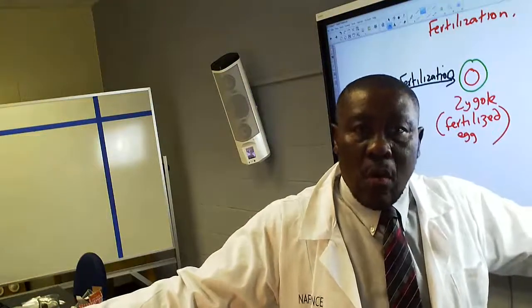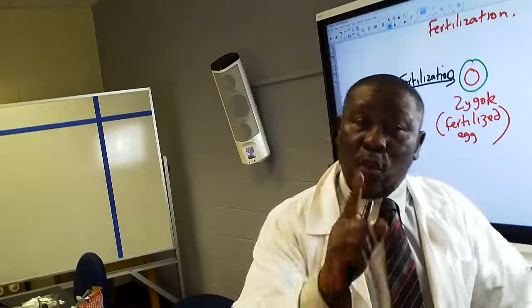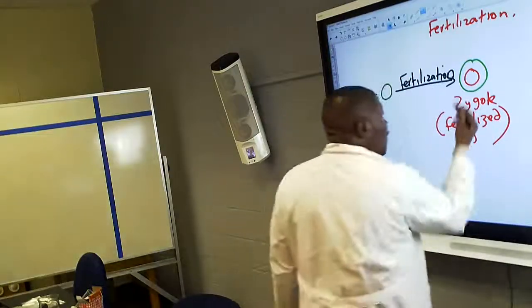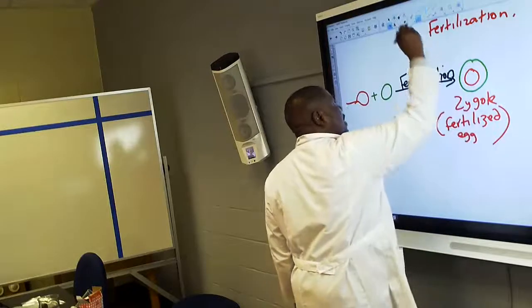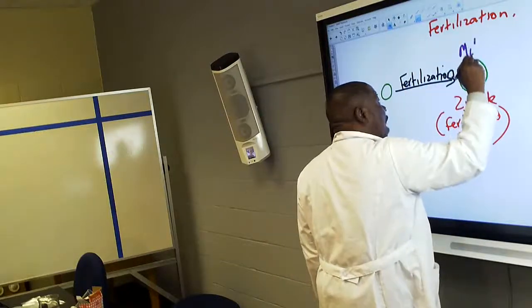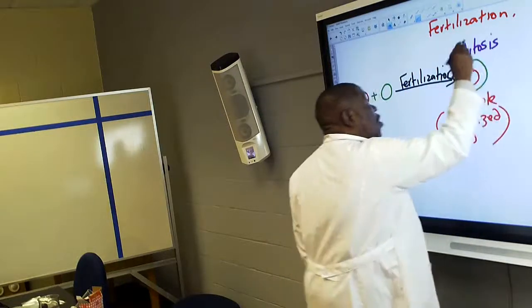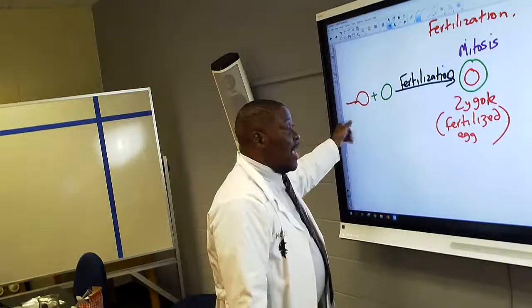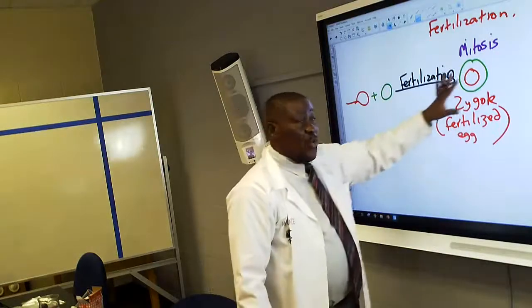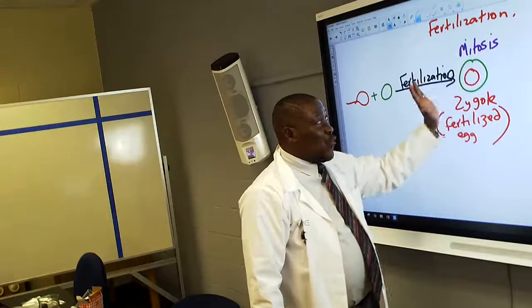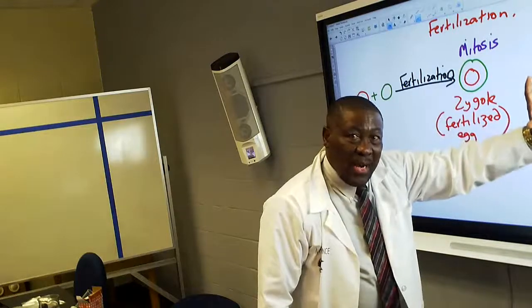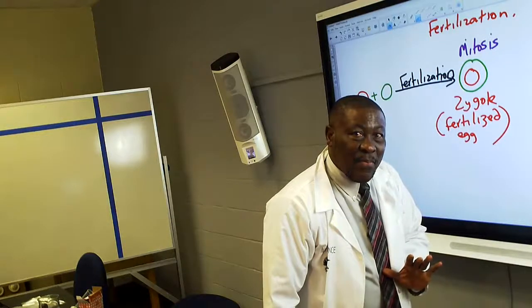You only have one cell. But that one cell is going to divide by mitosis. Why mitosis? Because it is not a sperm and not an egg, it's a combination of both. From now on, moving forward, that's mitosis taking place.